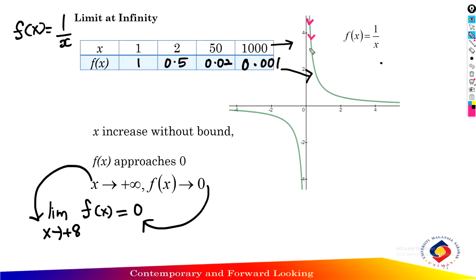The value of x increases: 2, 4, 100, 1000, 10,000, to positive infinity. Then check the value of y, or the value of f(x). The value of f(x) approaches 0 at positive infinity.